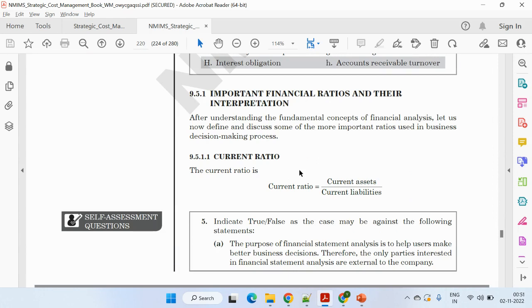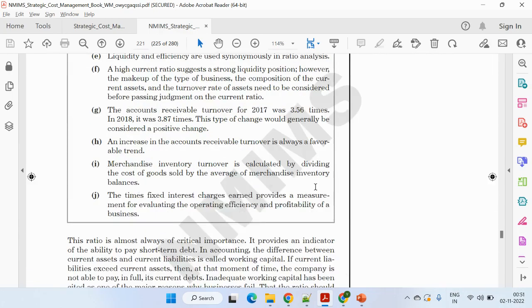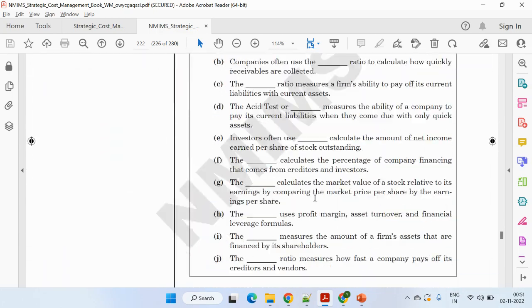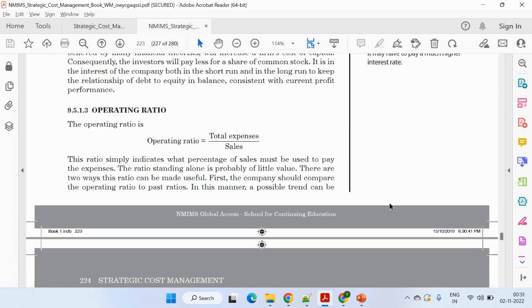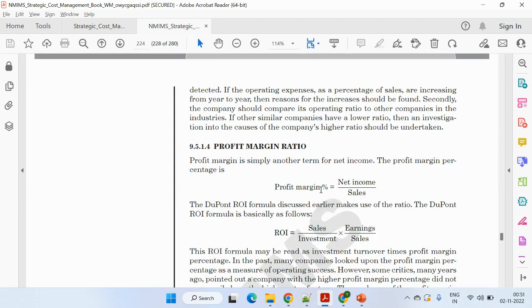Like the very first one is the current ratio. Because you have the balance sheet, you will have the current assets and current liabilities. So the current ratio is current assets upon current liabilities. You can specify any five. Debt equity ratio, which is total debt upon total equity. Operating ratio, which is total expenses upon sales.